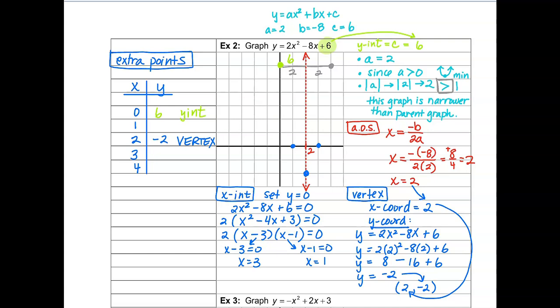Now here's the cool thing, right? This is 2 away here to go from 0 to 2. Do you agree? Notice that going from 2 to 4 is also 2. Because those are the same distance, it turns out that these will be the same value. So this has to be a 6 also there, which I already have. Then if we put 1 into the equation and solve it, we know we're going to get 0 out because it's an x-intercept.